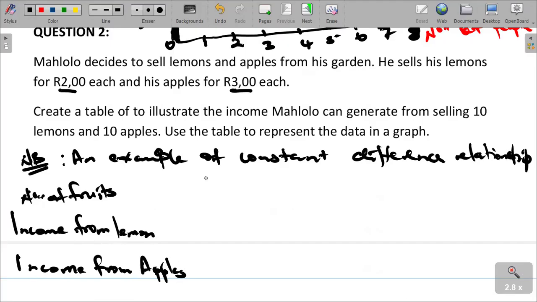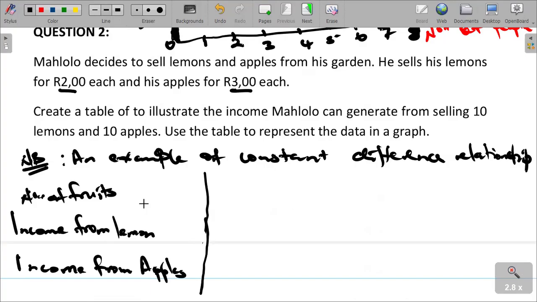We can draw our table here, which can be just simple. Let's draw the table quickly. So the table is here.